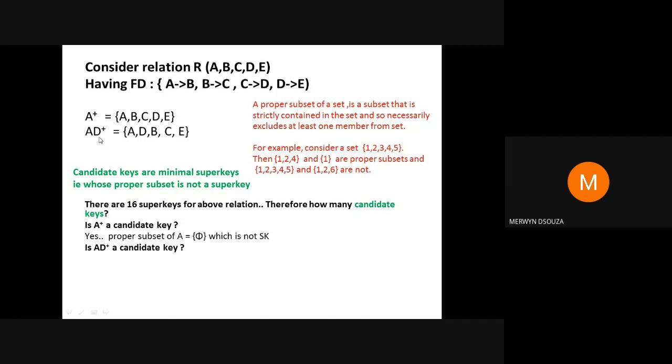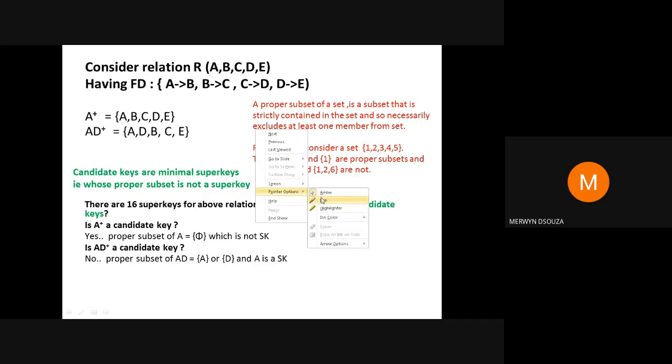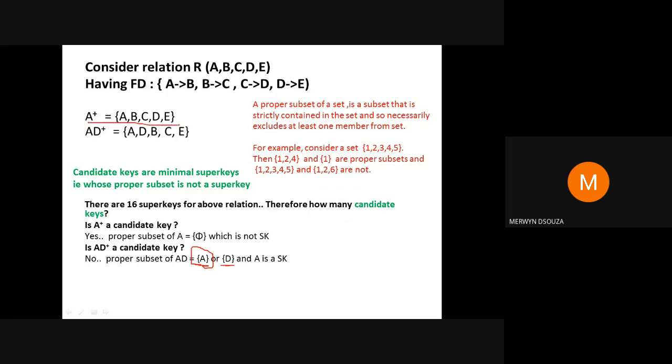Take the next super key, AD. Can AD be a candidate key? Find out the proper subsets of AD. The proper subsets of AD are A and D. If AD is to be a candidate key, then neither of these should be a super key. But we have already said that A is a super key.